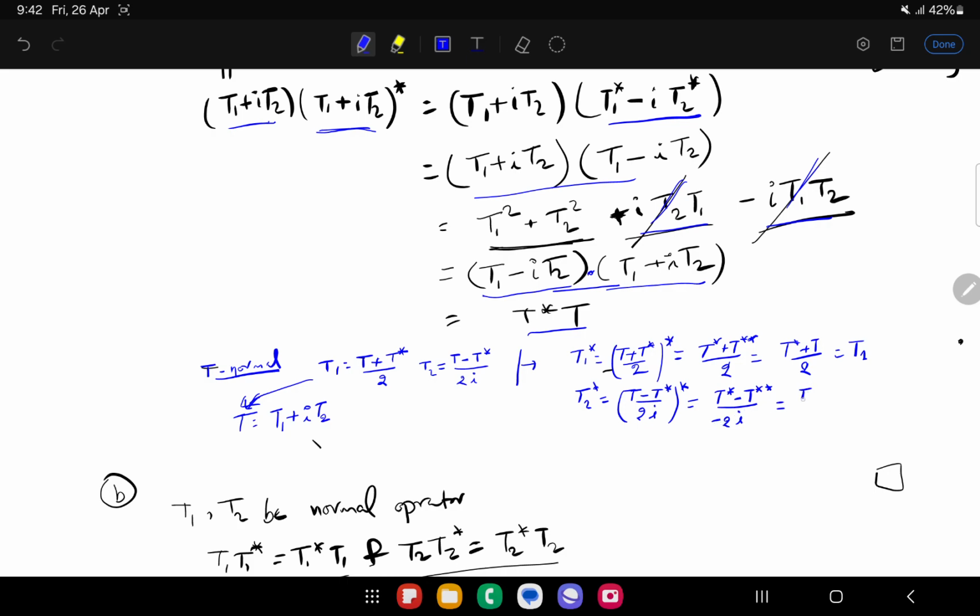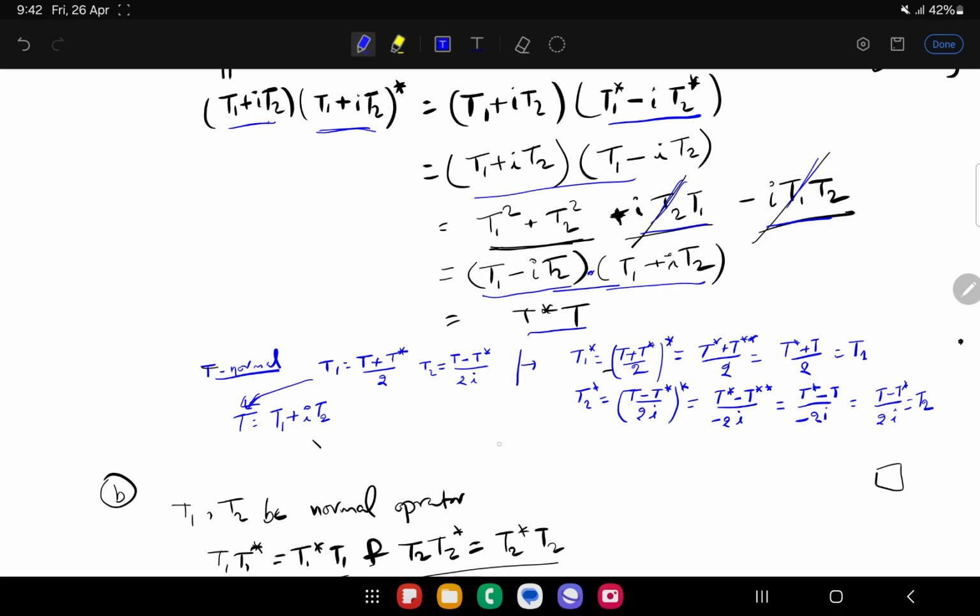So this is nothing but t star minus t by minus 2i. Multiply by minus 1 in numerator and denominator as well. Then this will become t minus t star by 2i, and this is nothing but t2 only. So t1 and t2 are self adjoint.